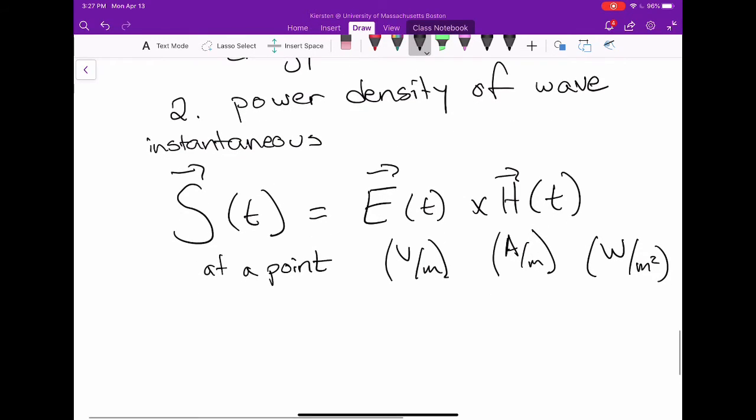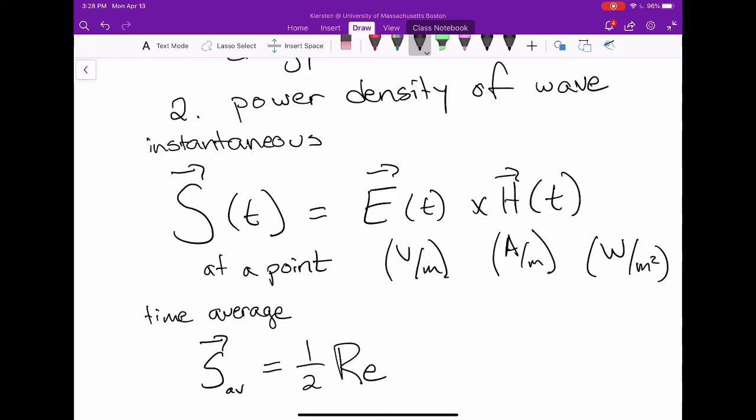Now, if you want the phasor domain version of this, there's not really a phasor of the Poynting vector, and you'll see why in a second. But if you want the time average Poynting vector, then we have S average, which is equal to 1/2 the real part of the phasor electric field crossed with the complex conjugate of the phasor magnetic field.